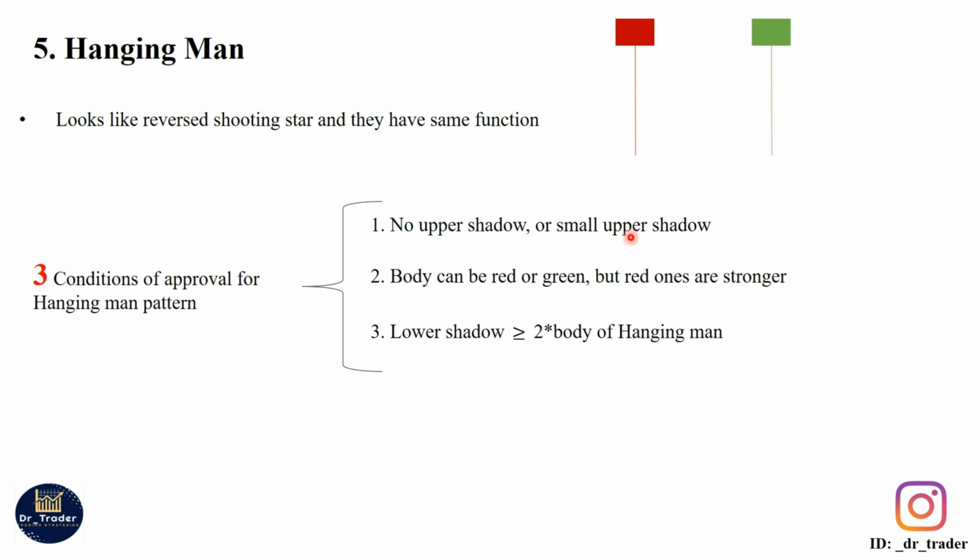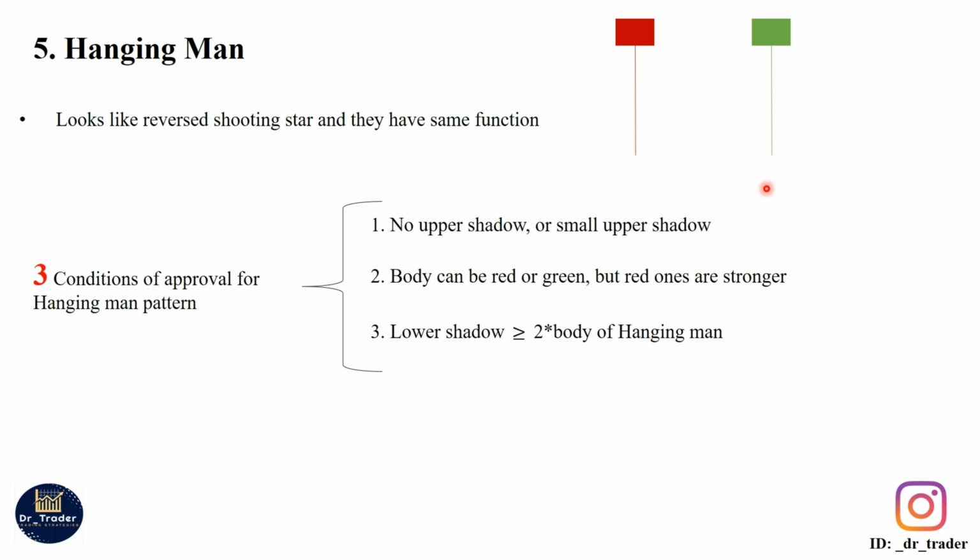And another candlestick pattern is the hanging man. The hanging man is like a reverse shooting star, and they have the same function. There are three conditions for approving the hanging man pattern. Number one, there shouldn't be any upper shadow, or at least the upper shadow should be very small. Also the body can be red or green.